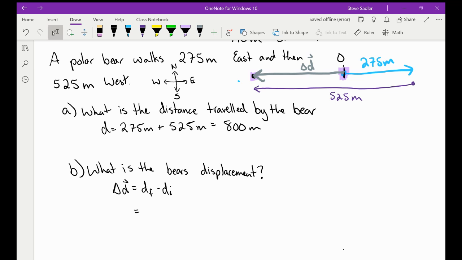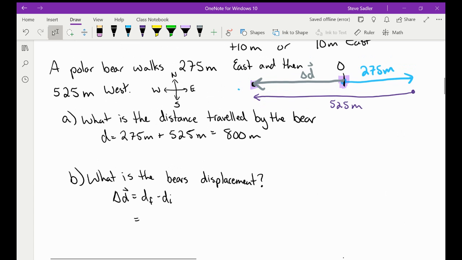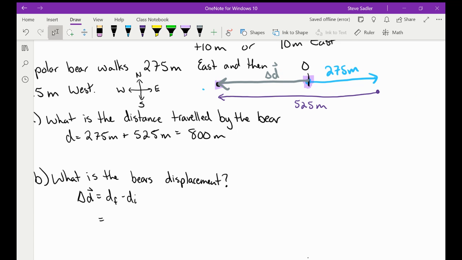So we know that we can do 525 minus 275, and we will get, so hang on, 525 minus 275, 250 meters. So this gray value is 250 meters. So the bear has stopped 250 meters away from its starting point.